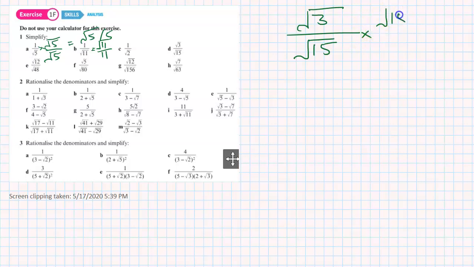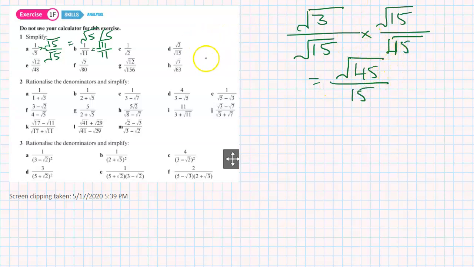We can multiply by root 15 and divide by root 15. So this is root 45 over 15. So these are the easy questions. Question number 2 and question number 3 are important questions. So let's concentrate more on these ones.